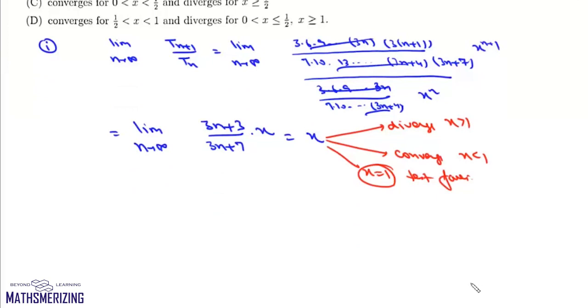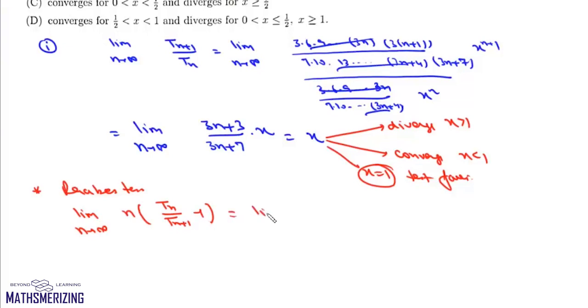Now when this ratio test fails, we'll use Raabe's test. We'll find the limit as n tends to infinity of n into (Tn upon Tn plus 1 minus 1).